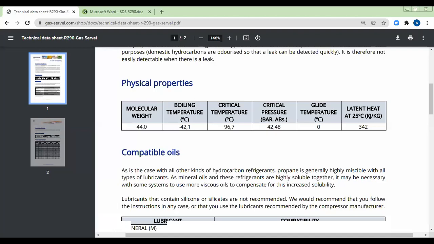As I mentioned to you, two-way learning, both sides. So this is about R290. The basics are here.